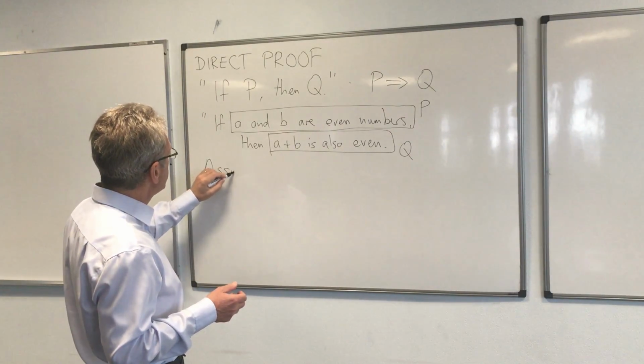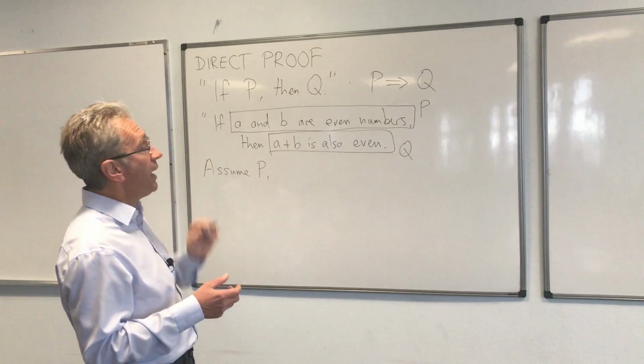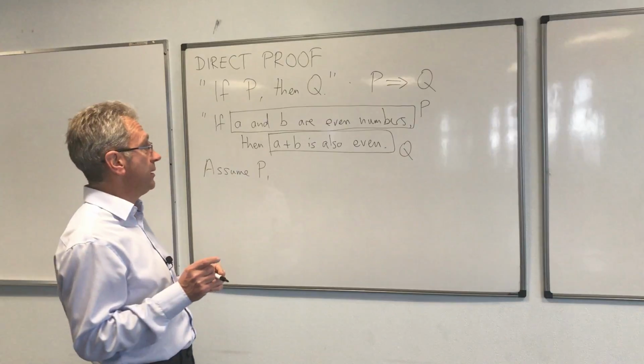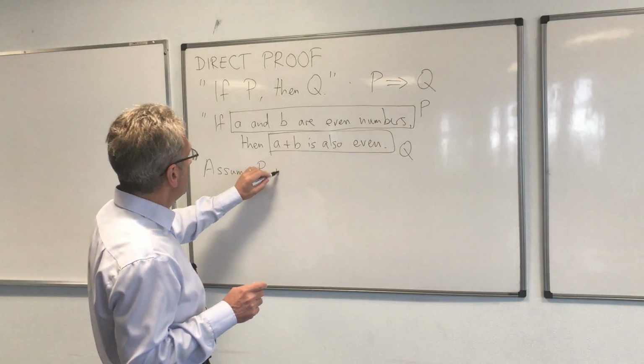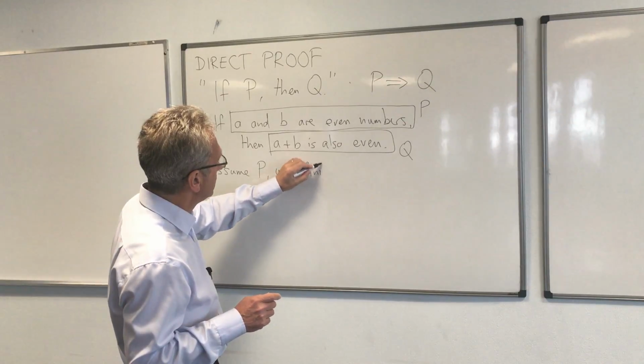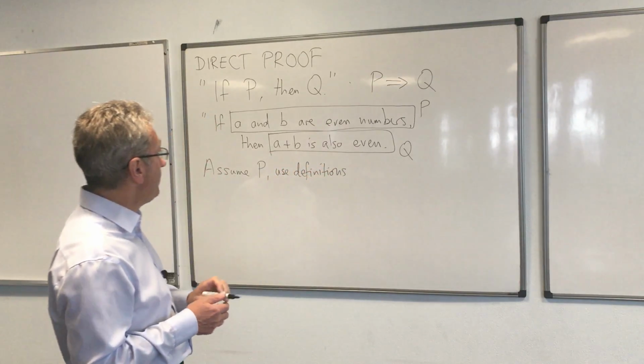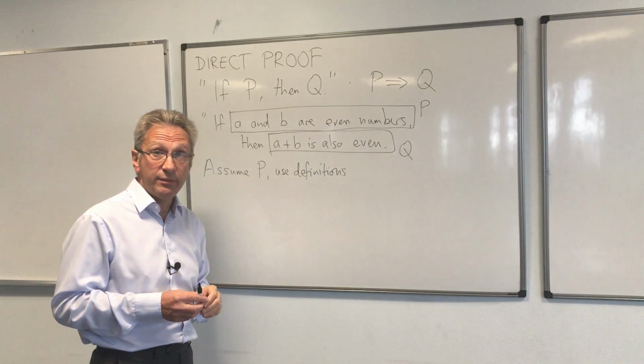Well, we're allowed to assume the truth of P. We're allowed to assume that A and B are even numbers. We're also then going to use definitions. So in this proof, we're going to use the definition of what an even number is.